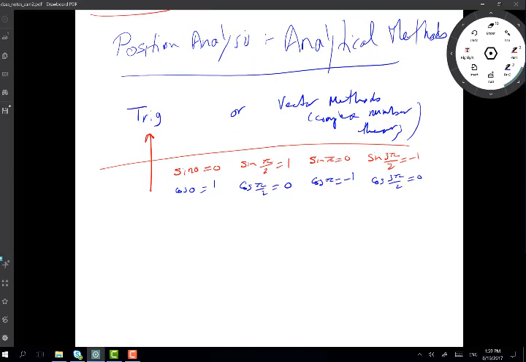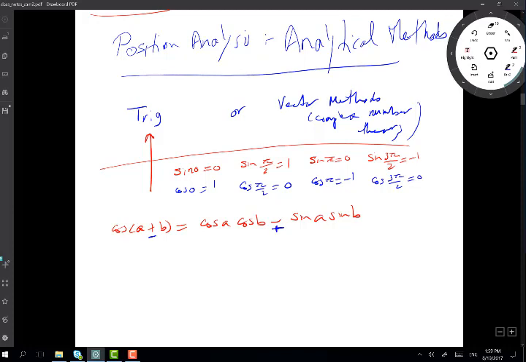And then the simple rules, such as how to expand a cosine function. So cosine of A plus B is cosine A cosine B minus sine A sine B. And if the sign in the middle was minus, it would have been plus over here, so just opposite.